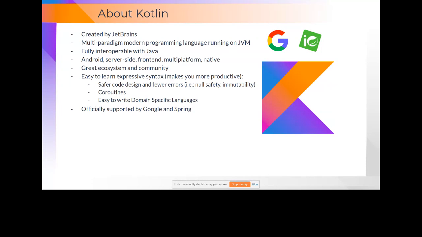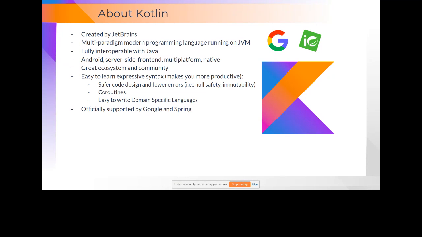Okay, so Kotlin became popular a couple of years ago, but the Java community had some problems with it. They were afraid to use Kotlin because they thought that Kotlin was just another hype and it could disappear, and it could be a risk to introduce in production.